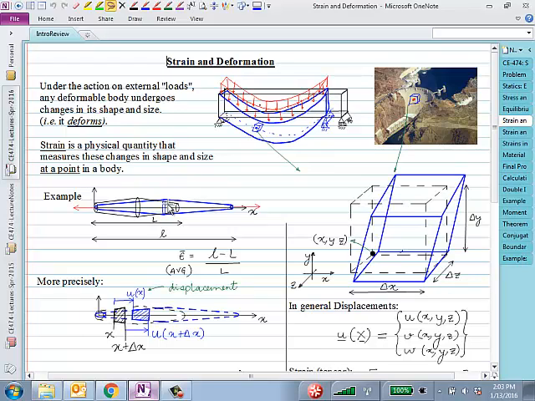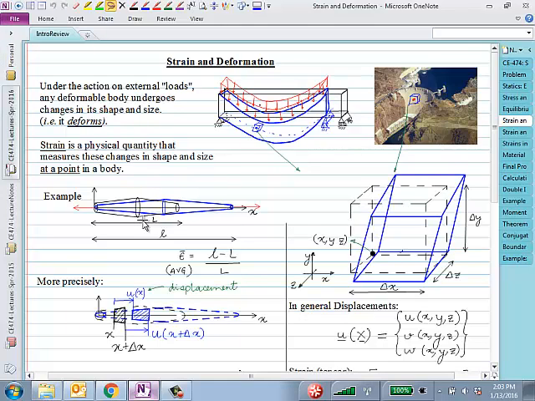But things are not so simple if you have something that is deformable or of a varying cross section. So, for example, if I have a bar with a varying cross section, the amount of extension near the ends where the bar is thinner would be more. That makes sense? The amount of extension in the middle of the bar where it is actually thicker will be less.